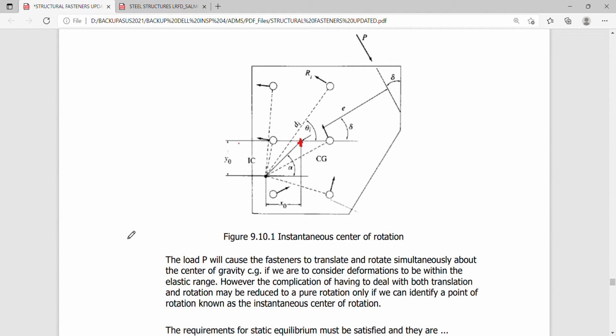However, the complication of dealing with this may be reduced to a pure rotational effect only by identifying a point of rotation known as the instantaneous center of rotation, which is somewhere here at this point.